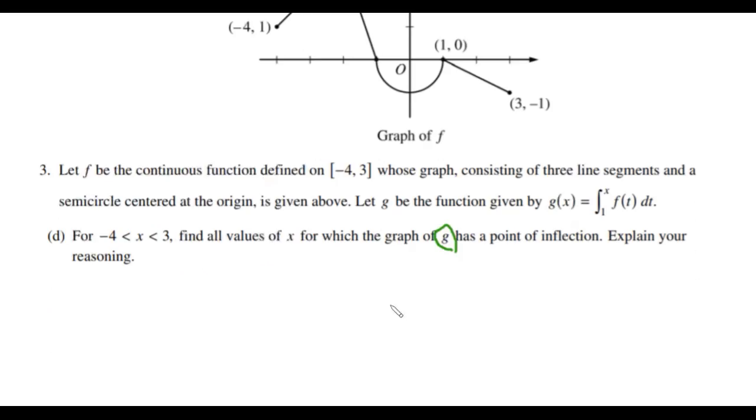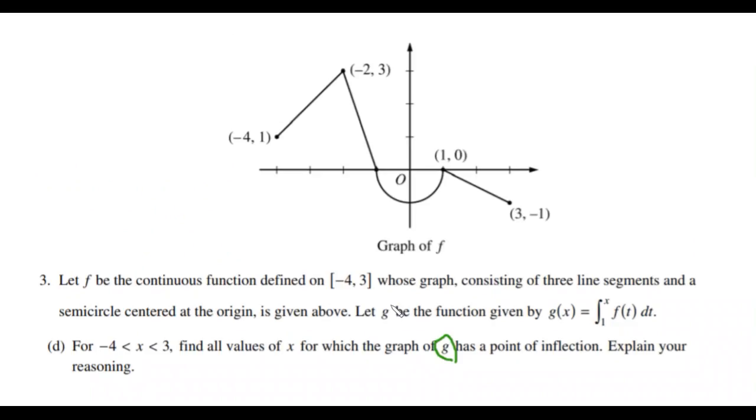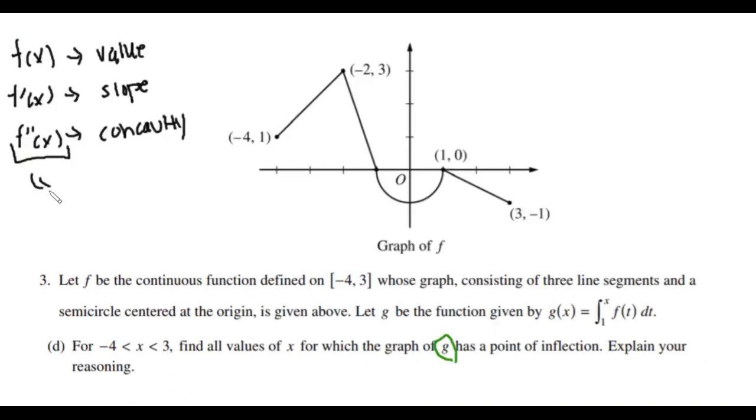So, let's quickly review this. F double prime contains the thing called point of inflection. Point of inflection is where the concavity changes. So if I draw this graph, at this point the concavity changes because, as you can see, there are 2 concave types.